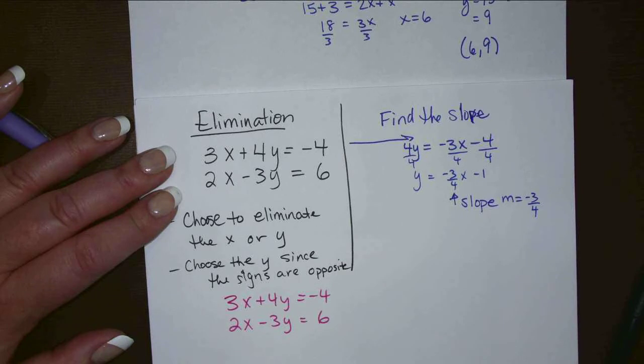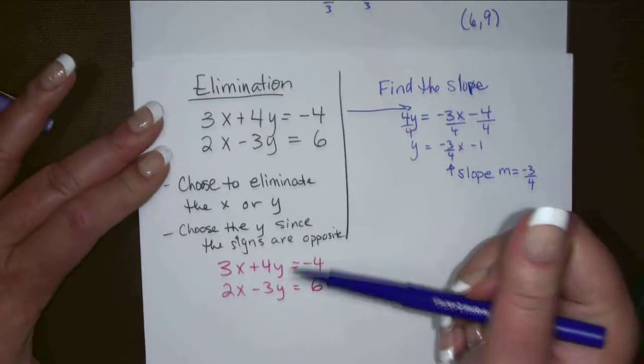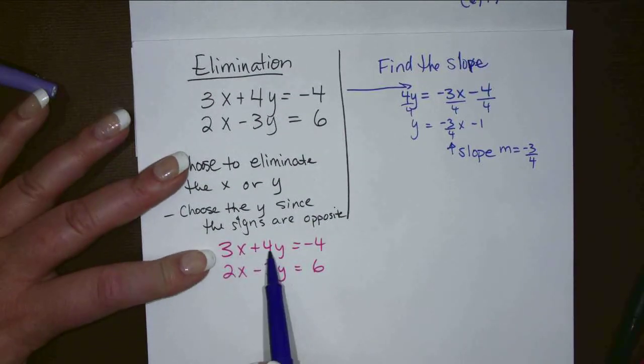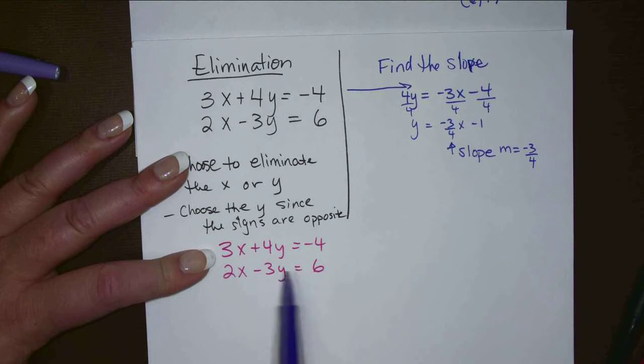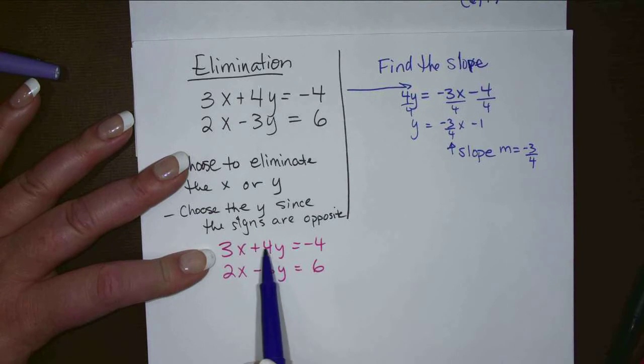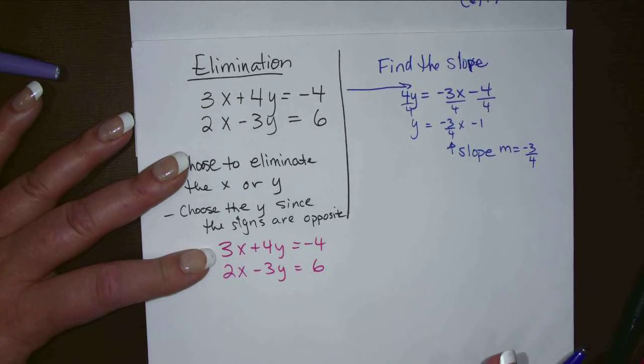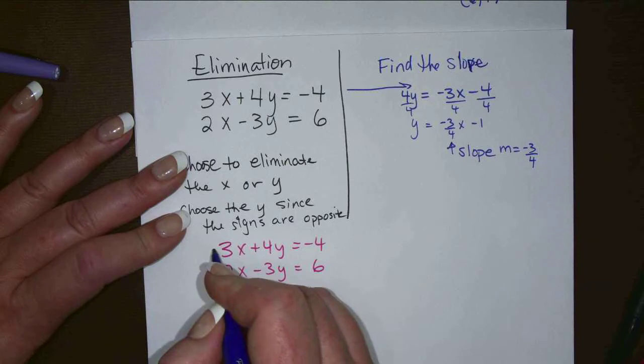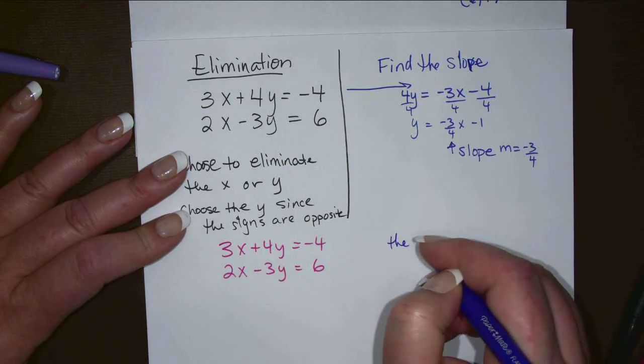My question to you is this: what can I multiply the first equation by and the second equation by so that the numbers in front of these are the same? What's the common denominator of 4 and 3? 12. So I want them both to be a 12.